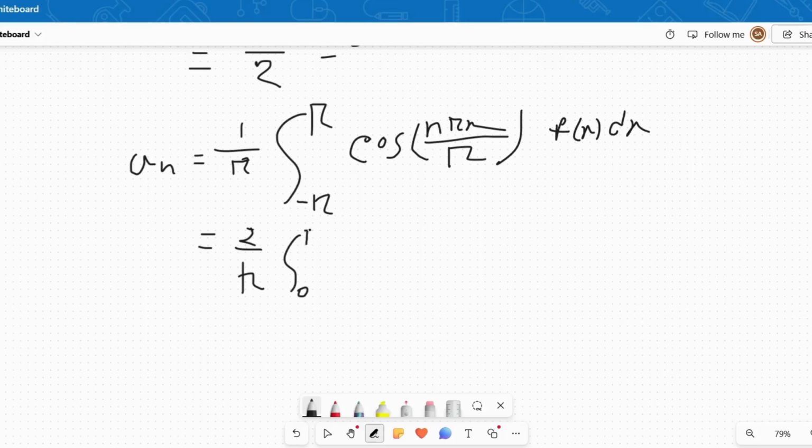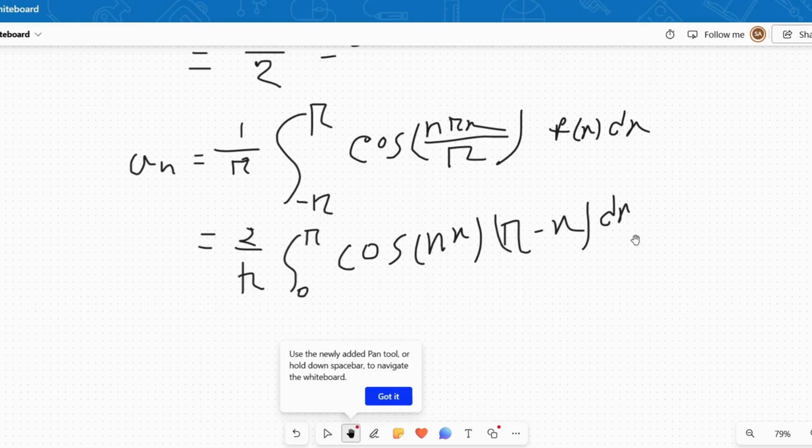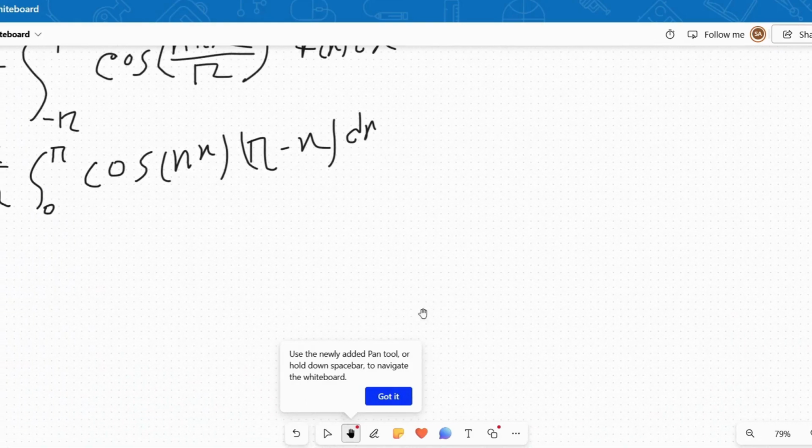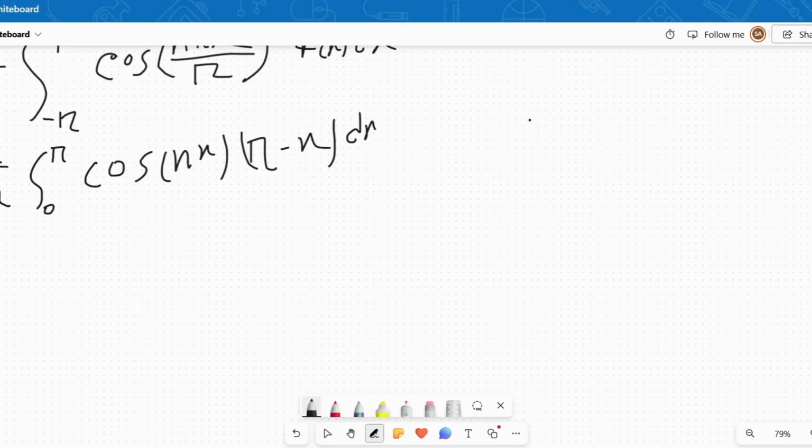So it will be 0 to pi, then cos(nx), and the value of f(x) will be pi minus x, dx. Now we have to integrate this. For integration we use partial integration.